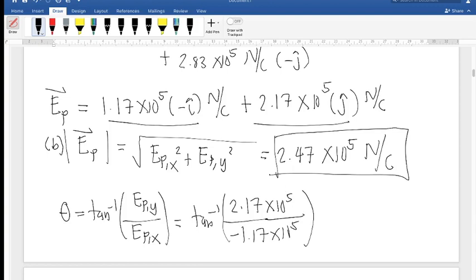You can actually cancel the 10 raised to 5, okay? So the inverse tangent of 2.17 over negative 1.17.